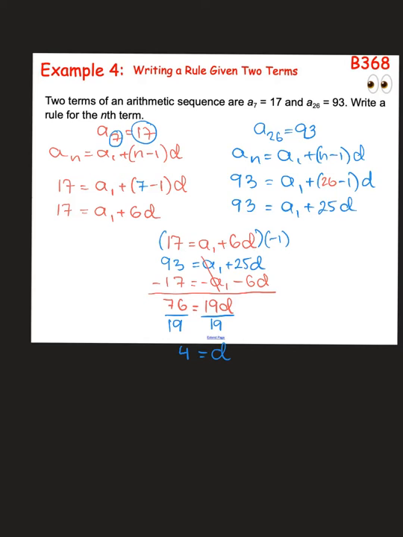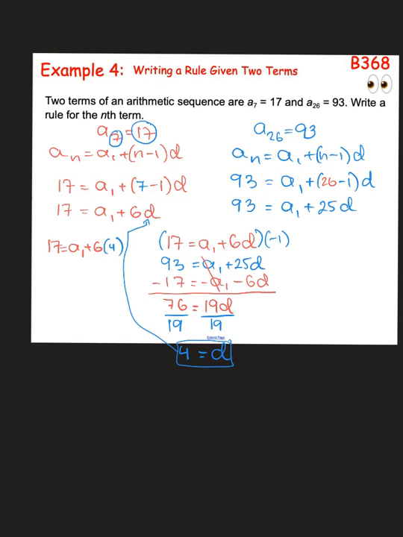Now I can choose either of my original equations to substitute the common difference to be able to find the first term. So I'm going to take this 4 equals the common difference, and I'm going to substitute that in for d into my first equation. So 17 equals a sub 1 plus 6 times the common difference of 4 that we found.